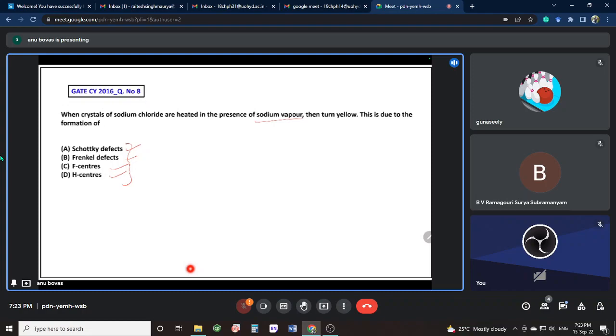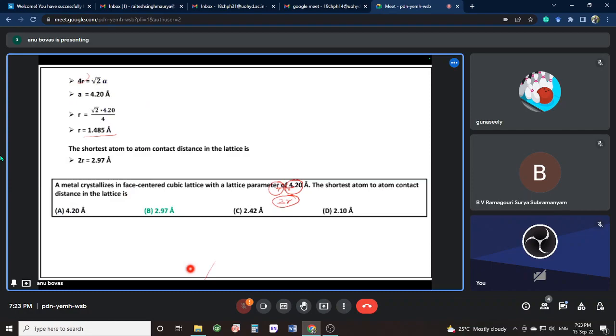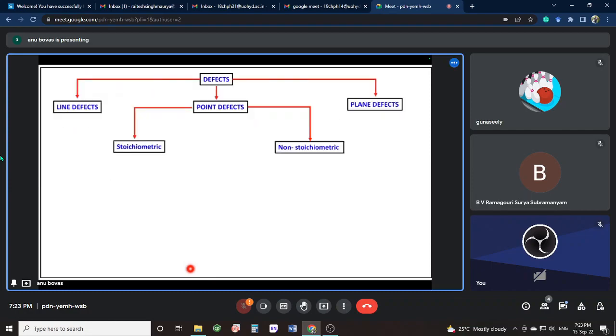So in order to know that, we have to understand a little bit of theory, or what a defect is. Defects can be of different types: line defect, point defect, or plane defect. Point defects are those in which there is an arrangement problem only at a particular lattice point or few points in a lattice or in a crystal system.